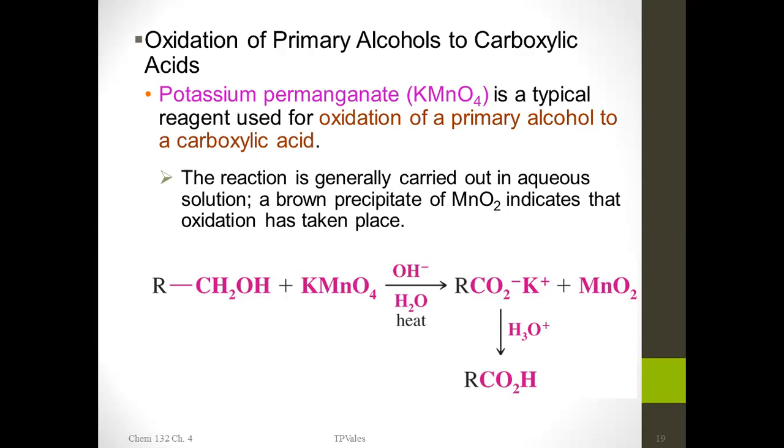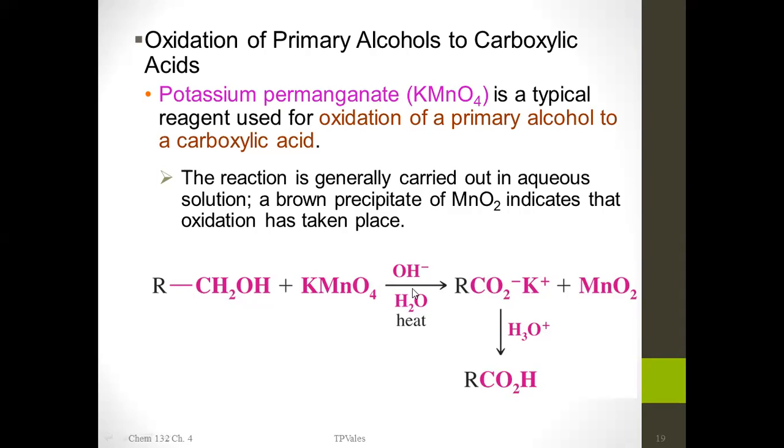For oxidizing agents, we usually have KMnO4, with a lot of oxygen you can see in the structure. So here you have your RCH2OH, your primary alcohol, and KMnO4. You expect to get your carboxylic acid, but before that you first get the ionic form, the carboxylate, RCOO minus with potassium, and MnO2, a brown precipitate.